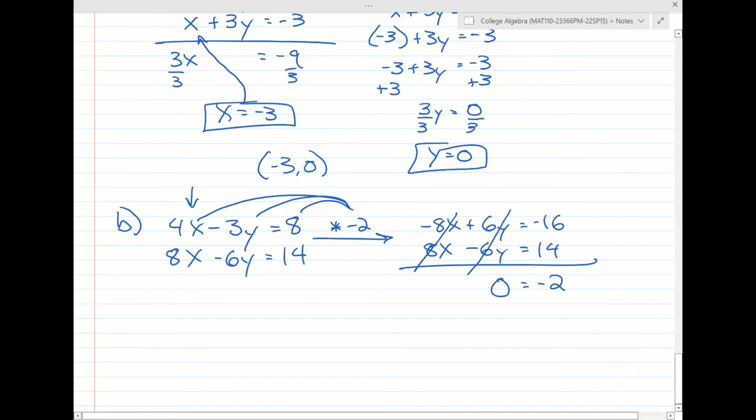Does this mean that there's no solution, or does this mean that there's infinitely many solutions? Yeah, that's exactly right. So I heard no solution. The technical word for this is inconsistent. What these lines would look like is they would just be parallel.